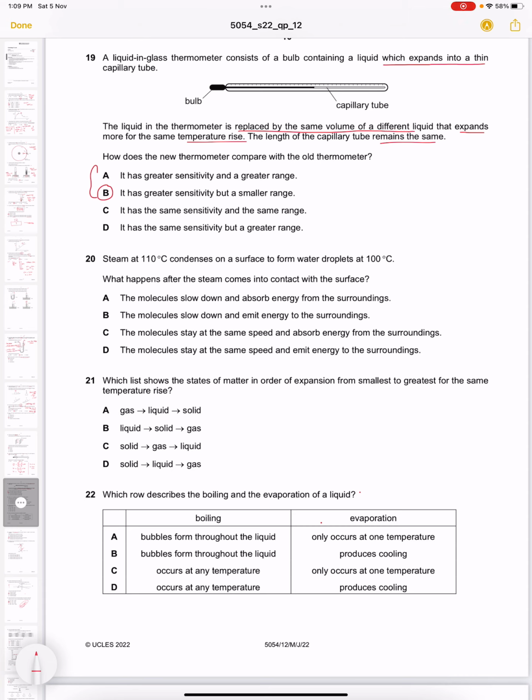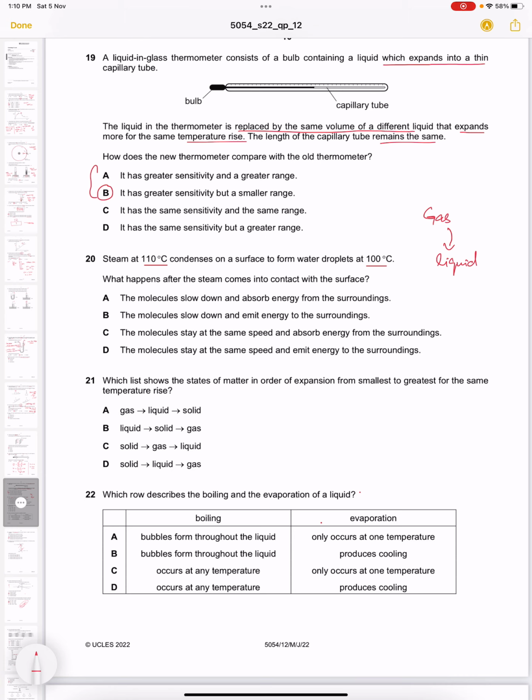Okay, next question. Steam at 110 degrees Celsius condenses on a surface to form water droplets at 100 degrees Celsius. So steam is condensing, meaning it is a conversion from gas to liquid. So heat is given out in this kind of conversion because it is a cooling process.